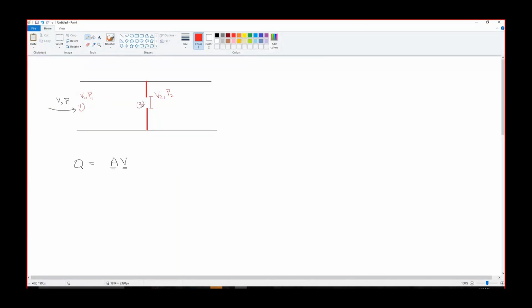Yes, sir. So if I apply Bernoulli equation between these 2 points, I would write p1 plus half rho v1 square equals p2 plus half rho v2 square.